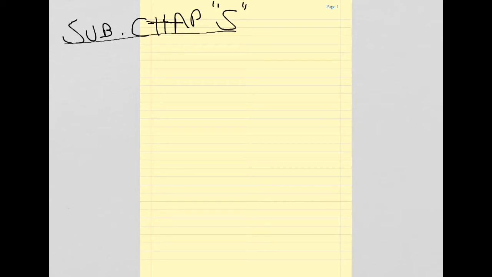Today I want to follow up on what we mentioned in class, and that is there is subchapter S in the code, so we'll say subchap S, which gives us all the rules and laws when dealing with S corporations. However, sometimes a particular transaction comes up and subchapter S doesn't address it.